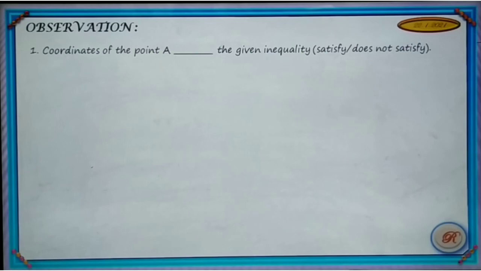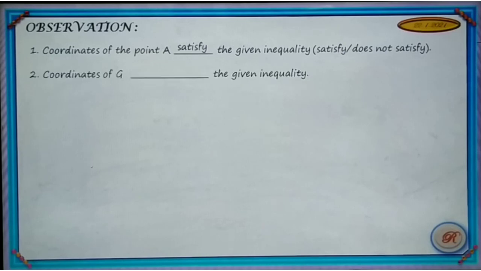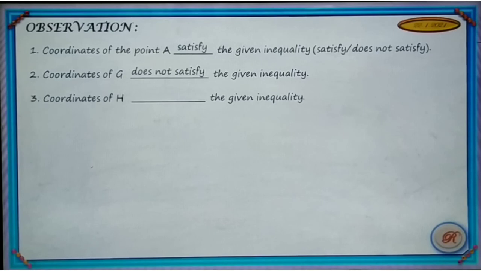Observation. First, coordinates of the point A satisfy the given inequality. Second, coordinates of G do not satisfy the given inequality. Third, coordinates of H do not satisfy the given inequality.